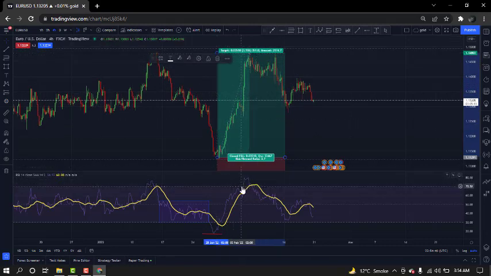Now there is a small condition like this. The market touched the 68 value, and then it goes back to 58. This is called a little correction.